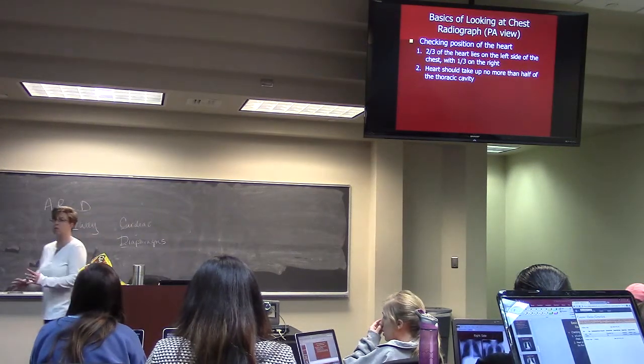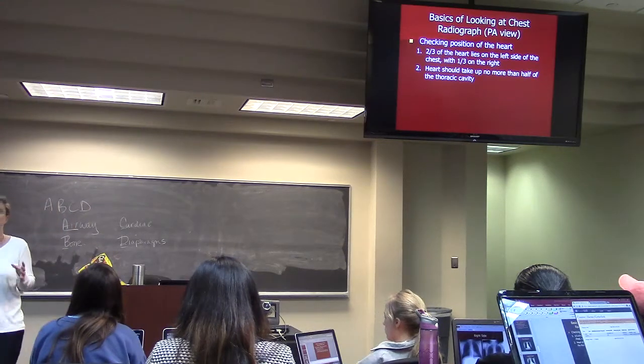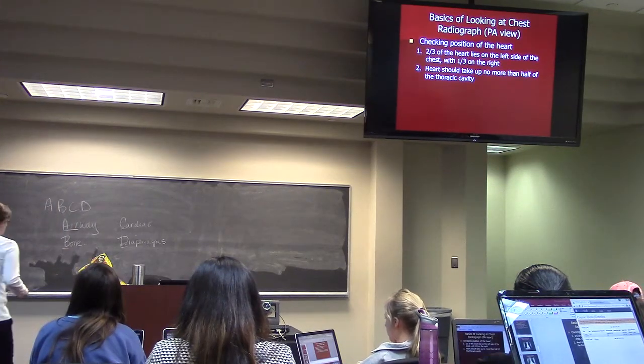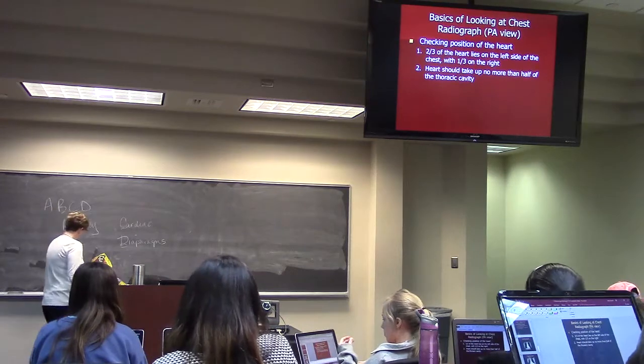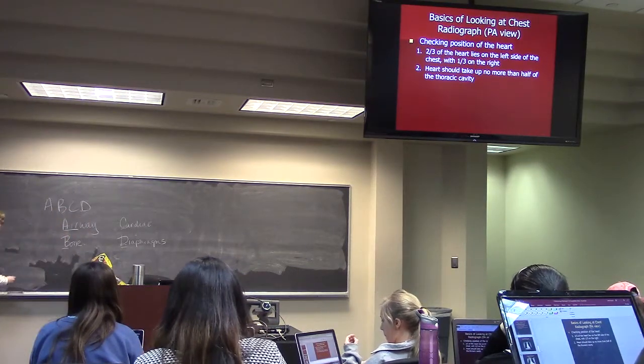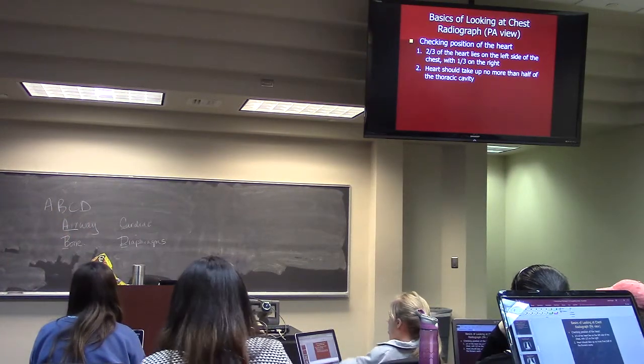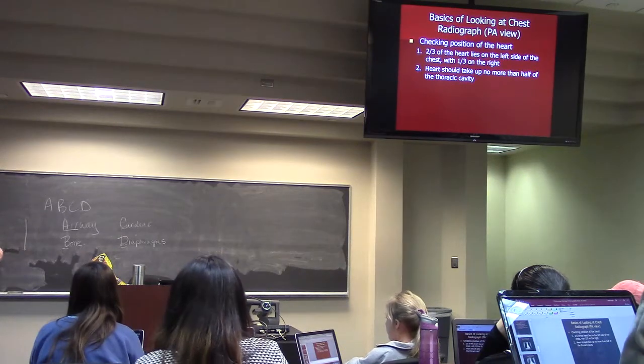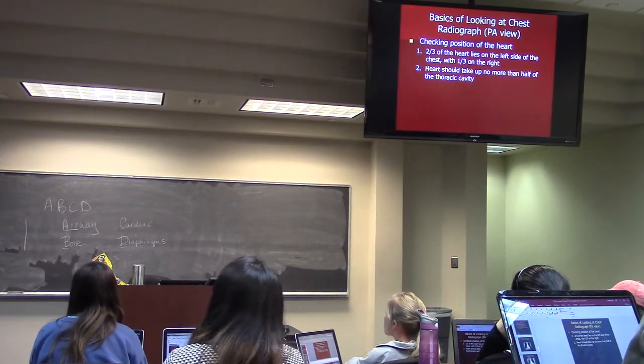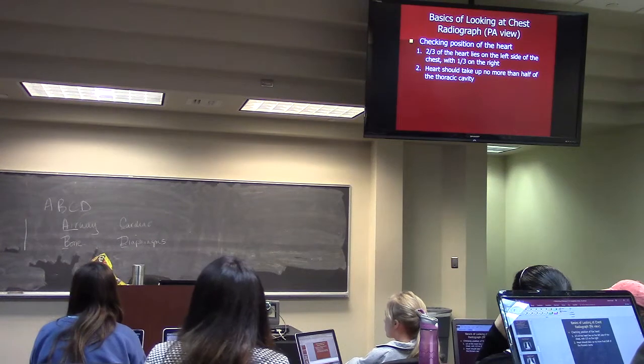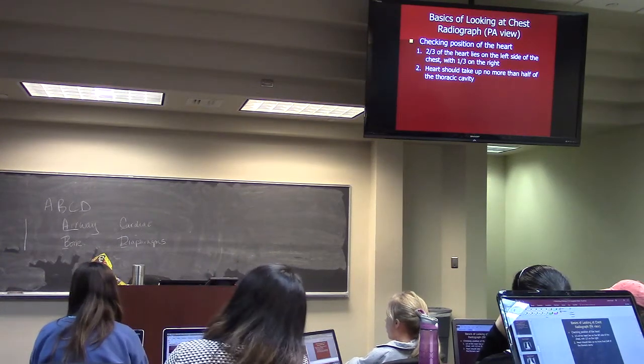So these are all normals, okay? These are normal things you're looking for. Size of the heart. If this is my chest cavity, okay, your heart should not be greater than half of the width.